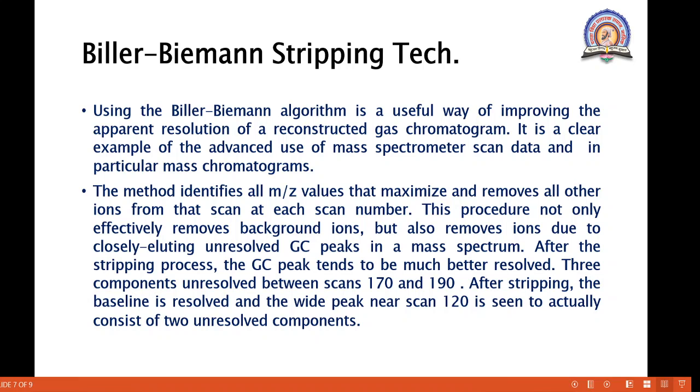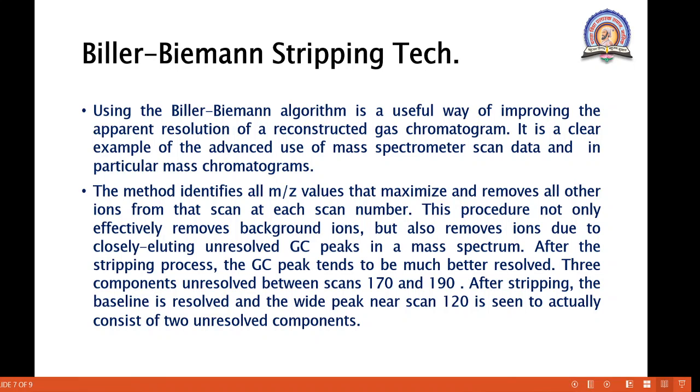Then the next is the Biemann stripping technique. By using this Biemann algorithm, we have a useful way of improving the apparent resolution of a reconstructed gas chromatogram. It is a clear example of the advanced use of mass spectrometer scan data, and in particular mass chromatograms.